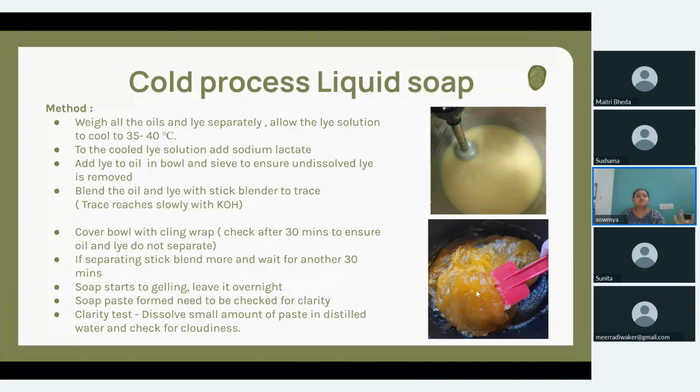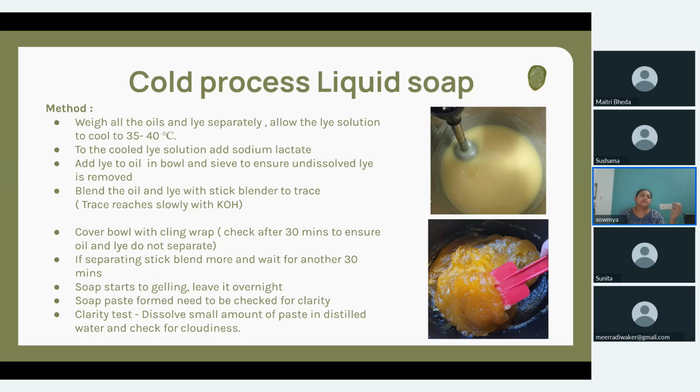Then you take a small container of distilled water, say for example 10 grams of water. To the 10 grams you add 1 gram or 2 grams of the soap paste, mix it, and check the clarity.